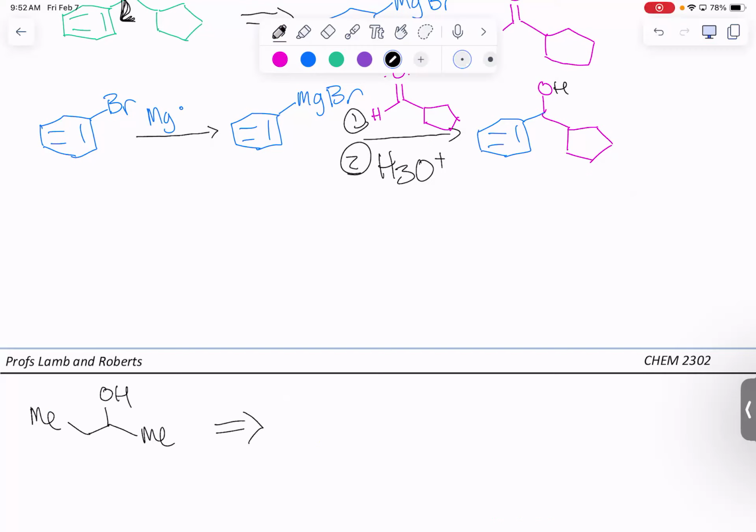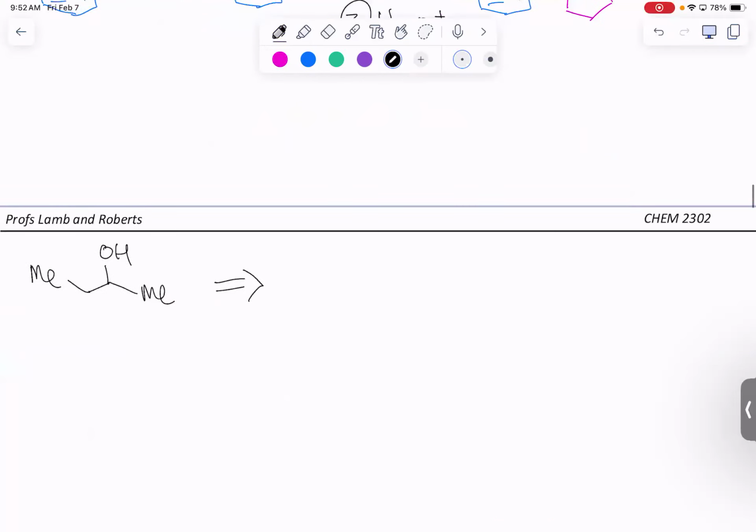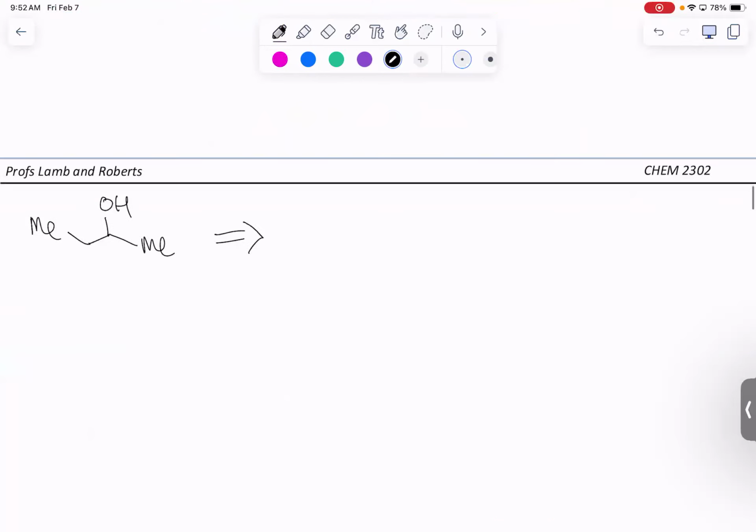What carbonyl compound plus what organometallic reagent are you going to use to make this molecule? Go ahead and think about that for a few seconds, then maybe check with your neighbor, see what they say. This is not a quick trick question. Turns out there are 2 correct ways to make this molecule.